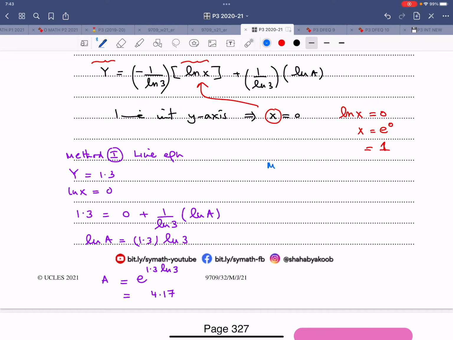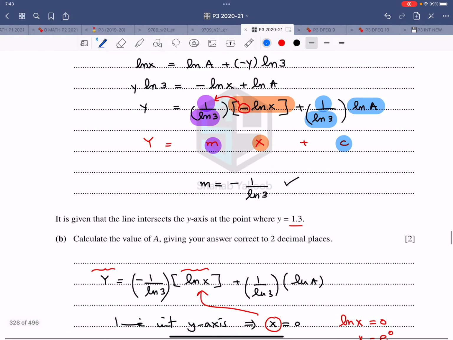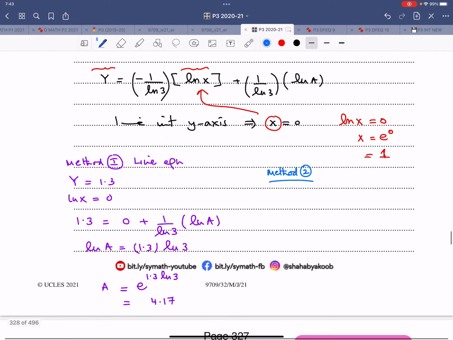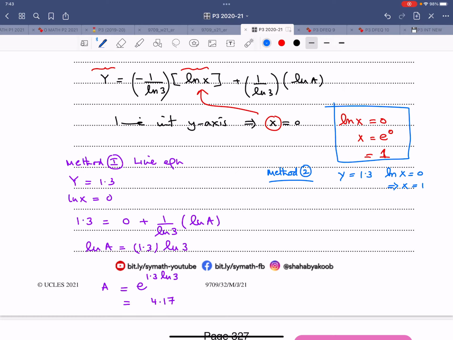What is the other approach? Method 2: y is 1.3. ln of x equals 0, therefore x is 1. That is shown over here like this. And now use the equation of the curve.